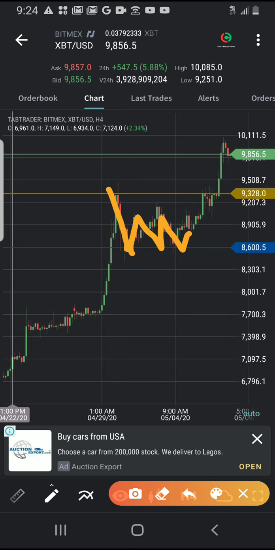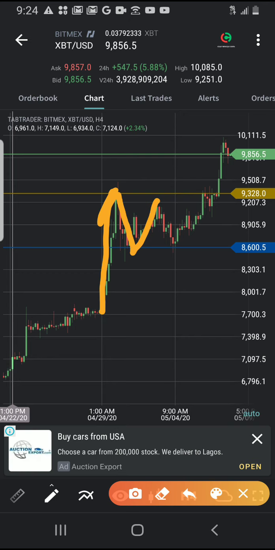Now notice again, even though we moved up from here, we stopped, we returned down, touched here again, returned down, touched here again, before we finally broke above.